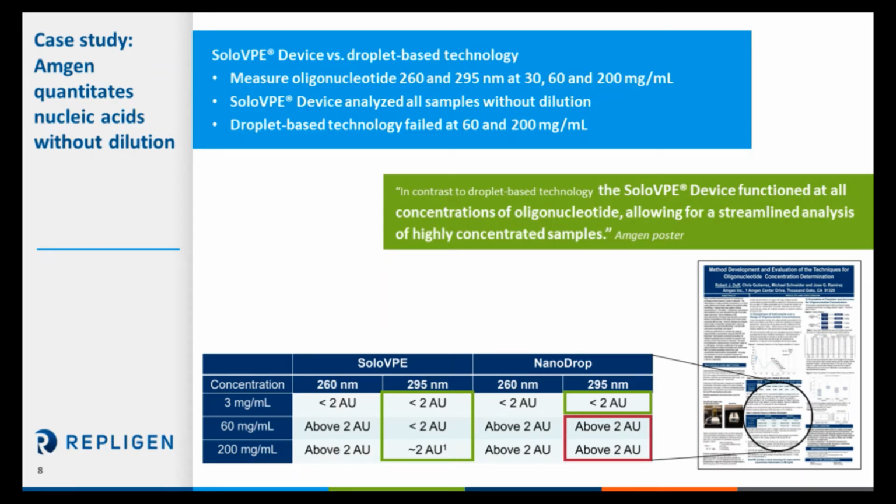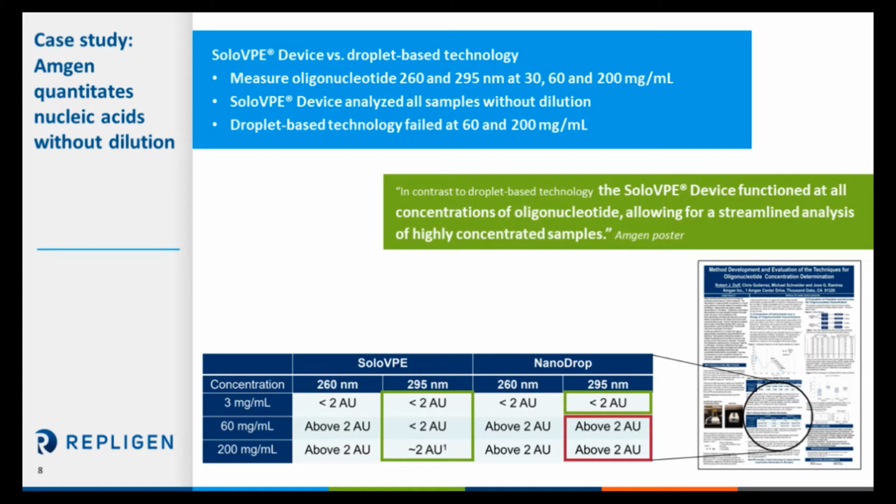This case study and paper was performed by Amgen for quantitating nucleic acids without dilution. Their former method was using the Thermo NanoDrop, and unfortunately for them, they're limited by the range of that device because it is still a fixed path length UV technology, whereas they were only able to calculate data up to 3 mg per mL.